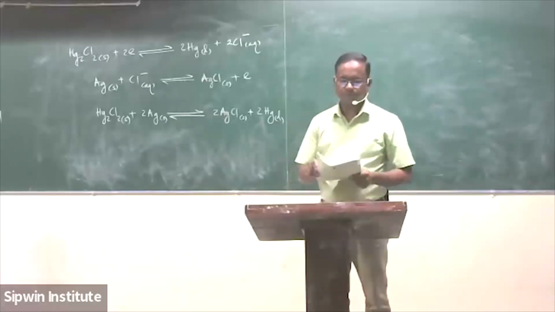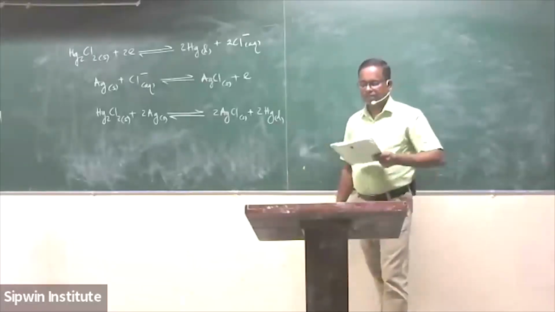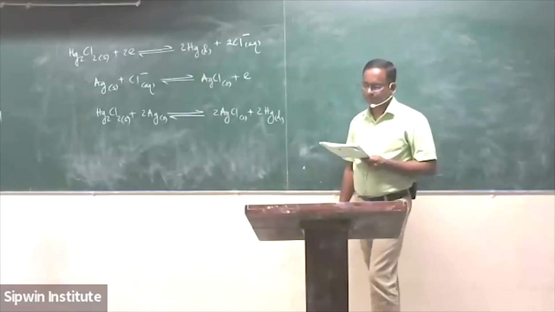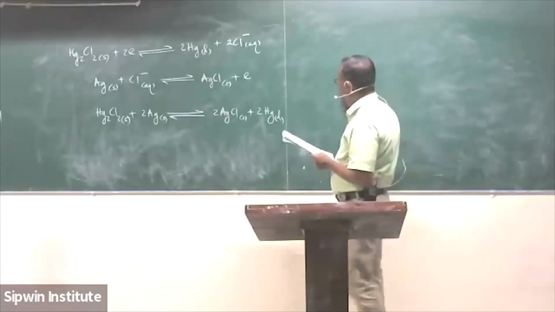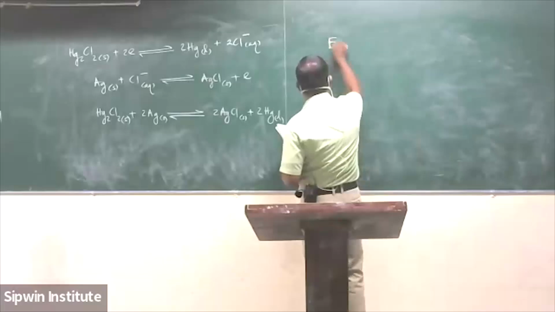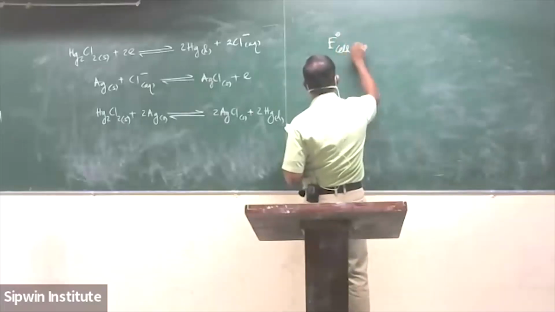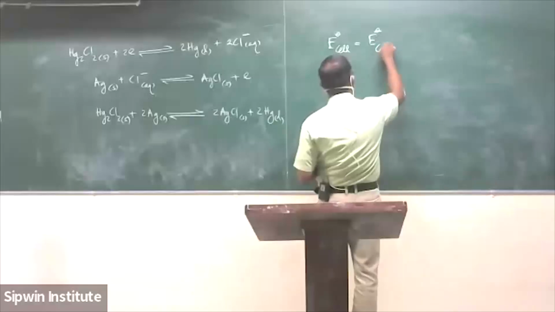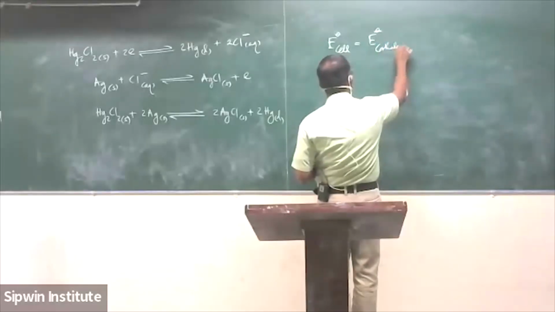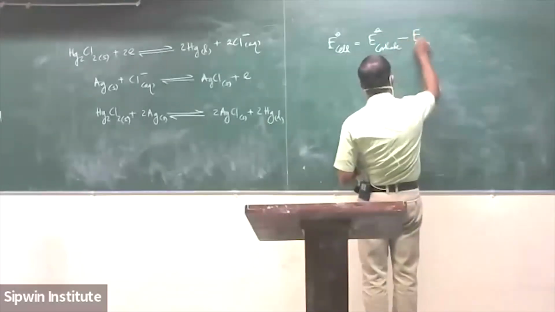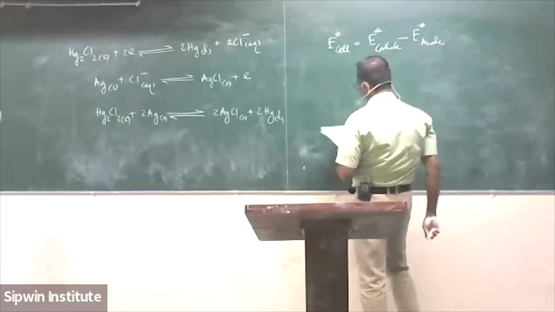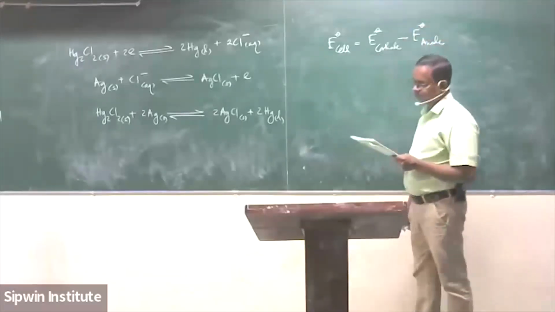Using these standard values, calculate the electromotive force of the cell. E standard is given, so E standard cell equals E standard cathode minus E standard anode. 5 marks for this.